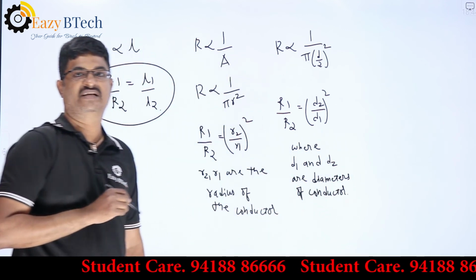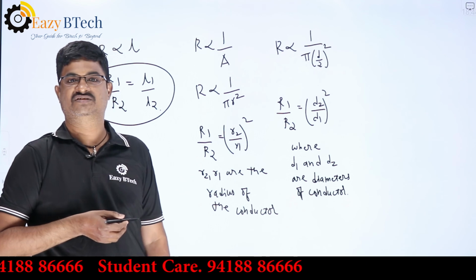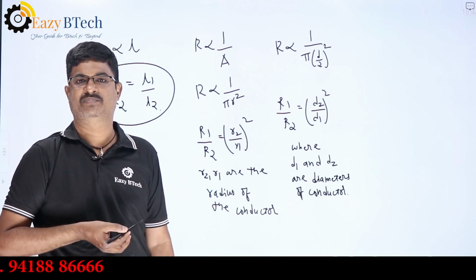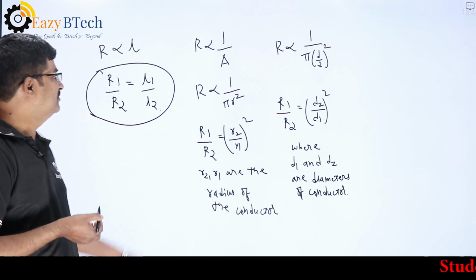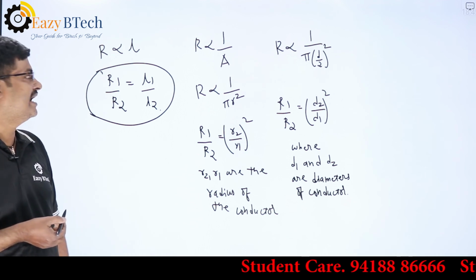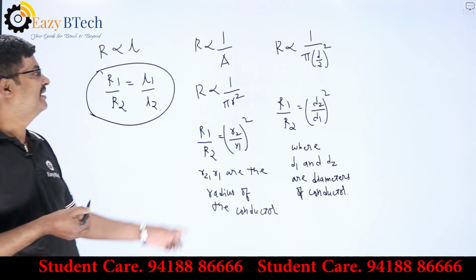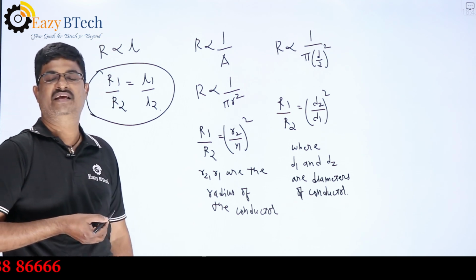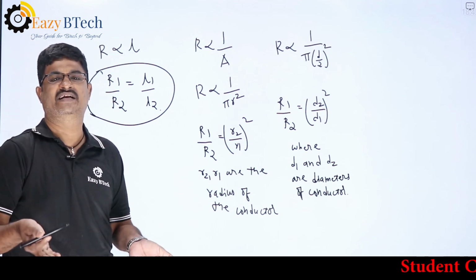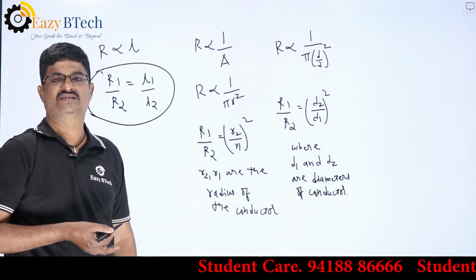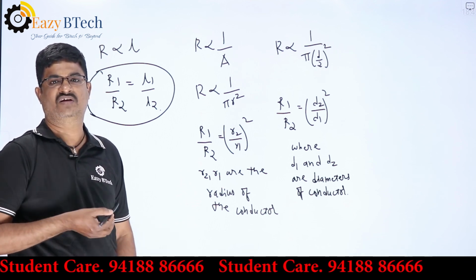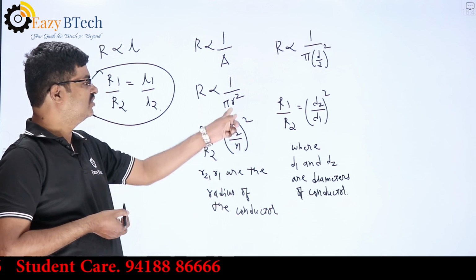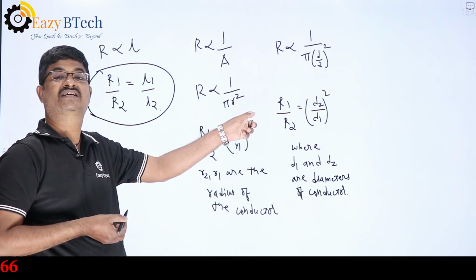So these are the three laws we have. Resistance is directly proportional to the length and inversely proportional to the area of cross section. By using the first, R1 by R2 is equal to L1 by L2. By using the second, R is directly proportional to 1 by A, where A is the area of cross section. All conductors are circular in shape, so area of cross section will be pi r square, where r is the radius of the conductor.